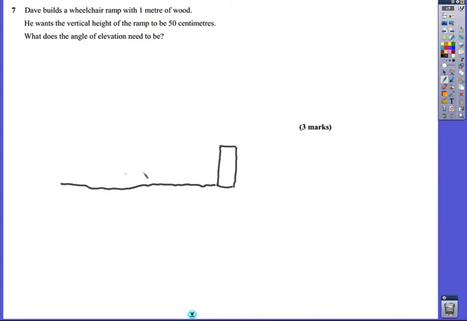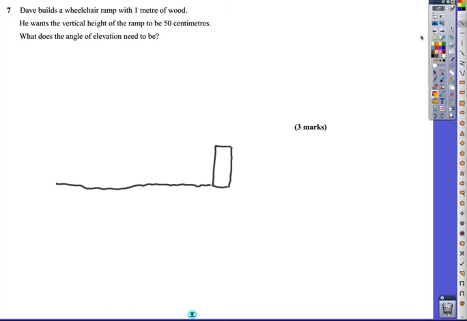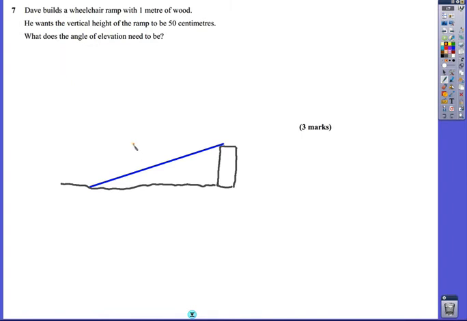Now, all you need to do to make a ramp is put a piece of wood from the ground to the curb, and you can now ride your bicycle or a motorcycle. But you don't need to cut the wood up. You just have to place it on the ground and on a high area, and you can just use one piece of wood.